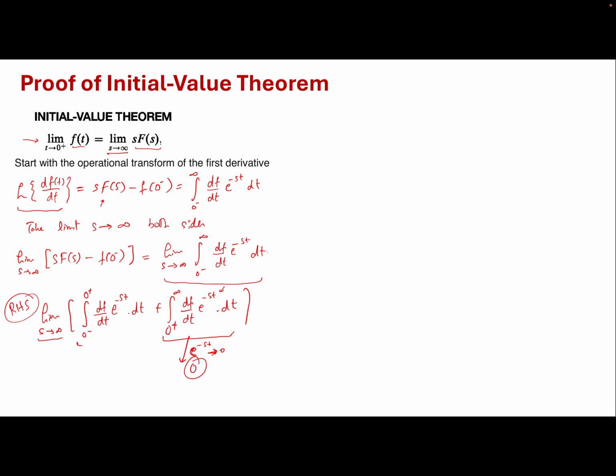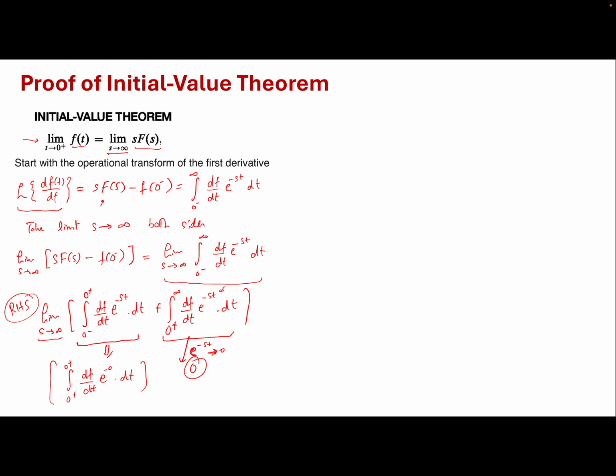Now let's look at this part. This integral is very limited, centered around 0, from 0- to 0+. So this can further be reduced to the integral from 0- to 0+ of df/dt e raised to the power minus 0, which comes out to be 1, times dt.